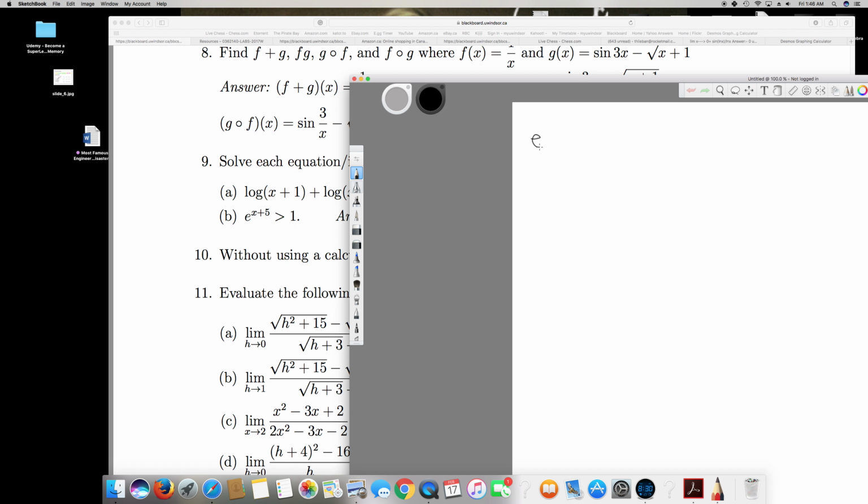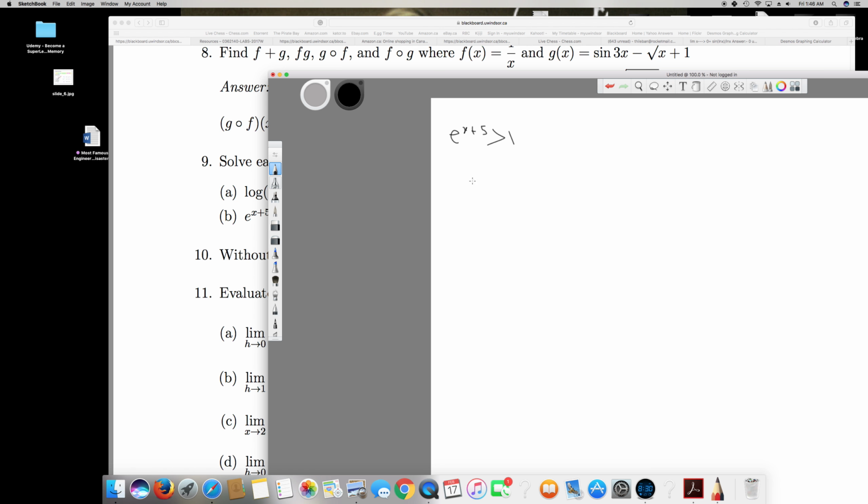So e to the power of (x + 5) is greater than 1, right? To get rid of e, we have to apply ln. If I apply ln, the e and ln will cancel each other. So it's going to be x + 5 is greater than ln 1.